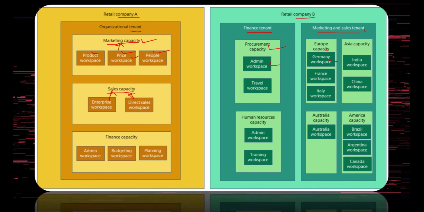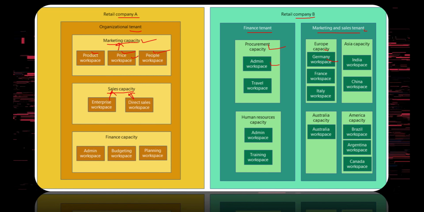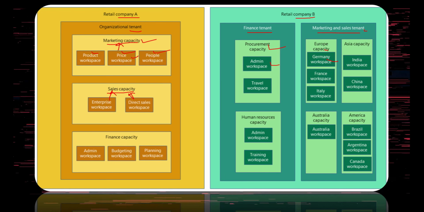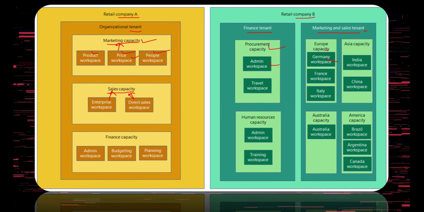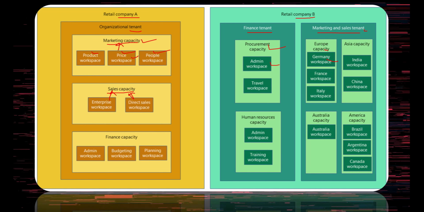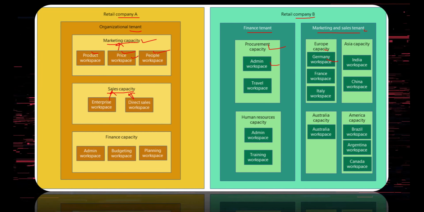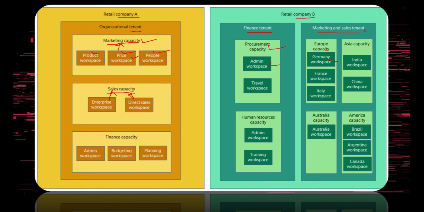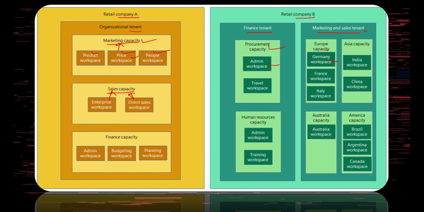But in the other tenant, interestingly, they have created a capacity based on geographical locations. So this is also important to understand, right? The capacity need not be at a business unit level or some kind of logical organization group level. It can be anything, right?